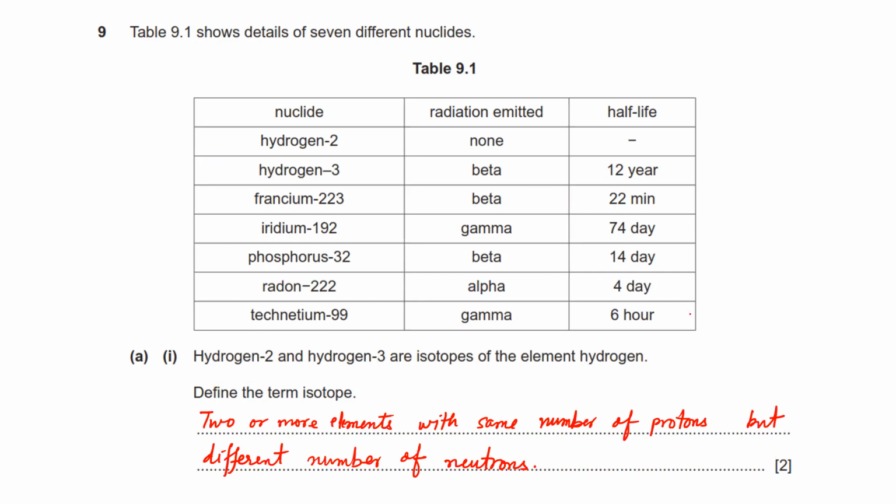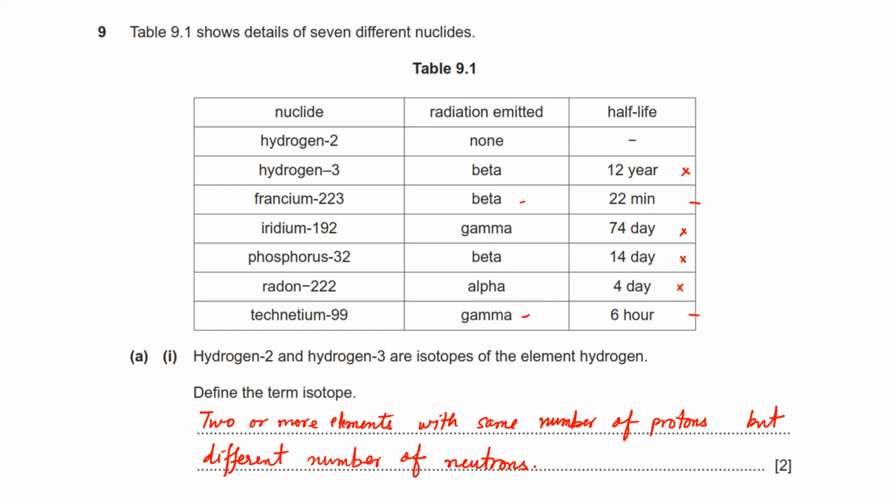So 6 hours is a good one, 22 minutes is also relatively good. Then 12 years is not, 74 days not recommended, 4 days also not recommended. So these two can be our choices, but to measure bone structures, betas cannot penetrate them, only gamma rays can. So the gamma one would be the one we choose.